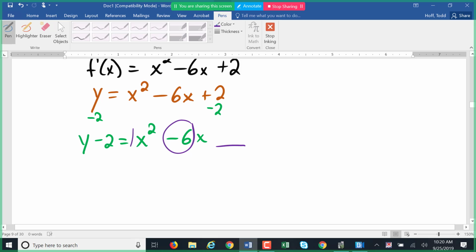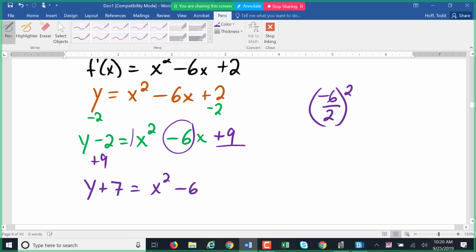Since a is just 1 here, I'm going to take b, the negative 6. Negative 6 divided by 2, squared. Negative 6 divided by 2 is negative 3. Squared is 9, so I'm adding 9 back in there. So this is y plus 7 equals x squared minus 6x plus 9.